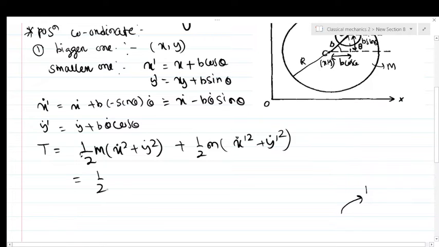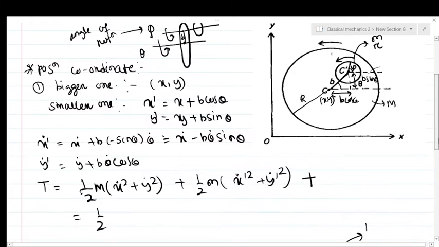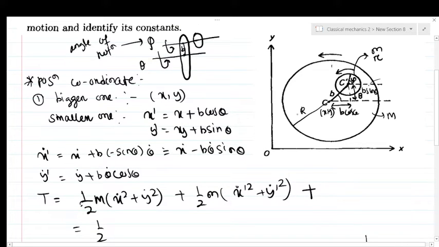The total kinetic energy is the translational kinetic energy, and here rotation is also happening, so we have to take the rotational kinetic energy into consideration: half I omega 1 square plus half I omega 2 square.